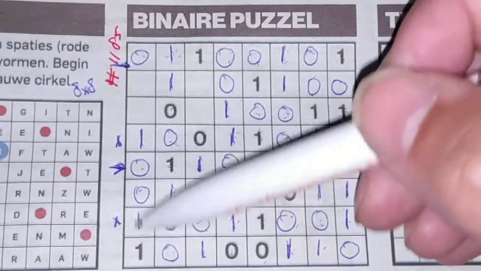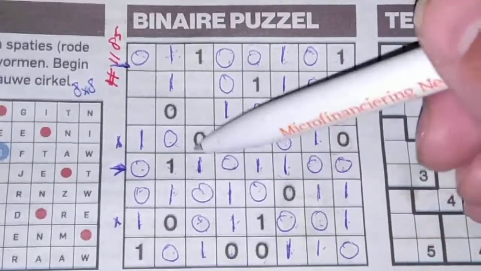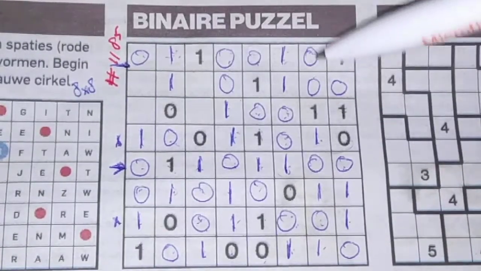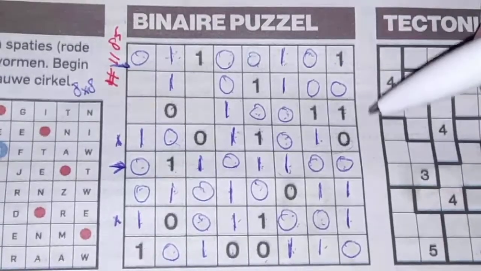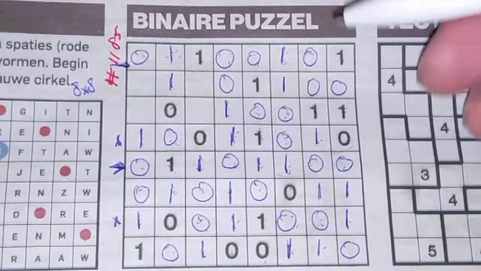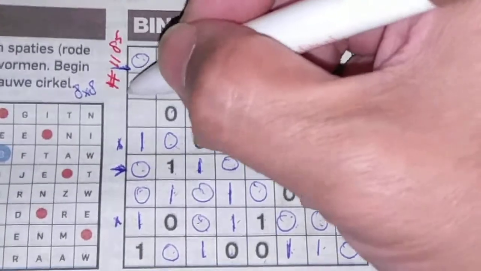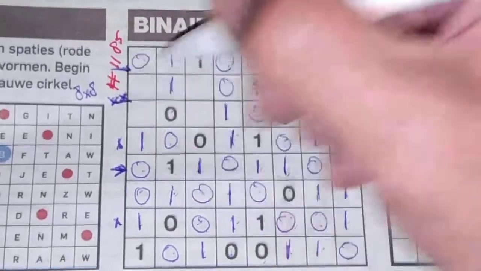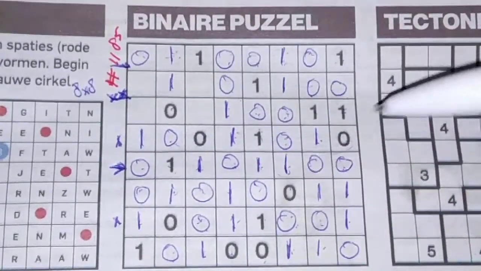And now 1, 2, 3, 1, 2, 3, 1, 2, 3, 1, 2, 3. I need to compare again. Yeah. This one, the second.